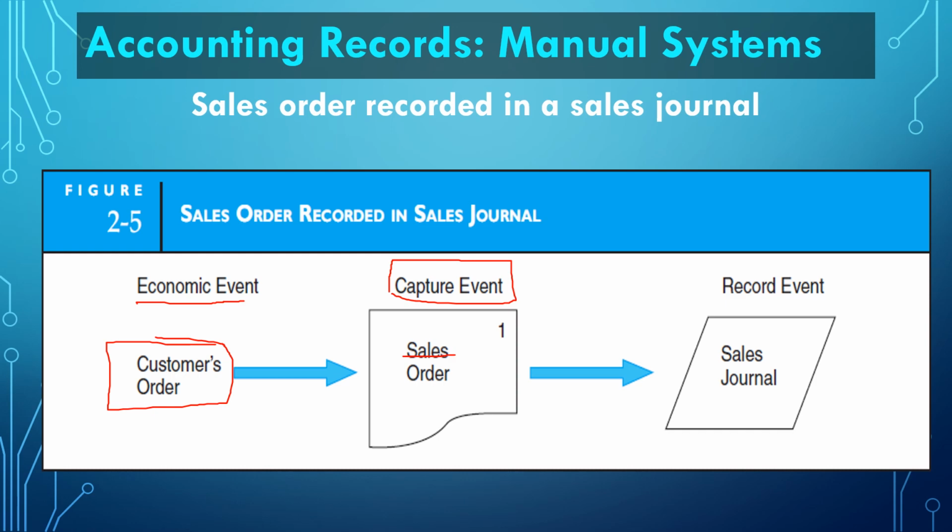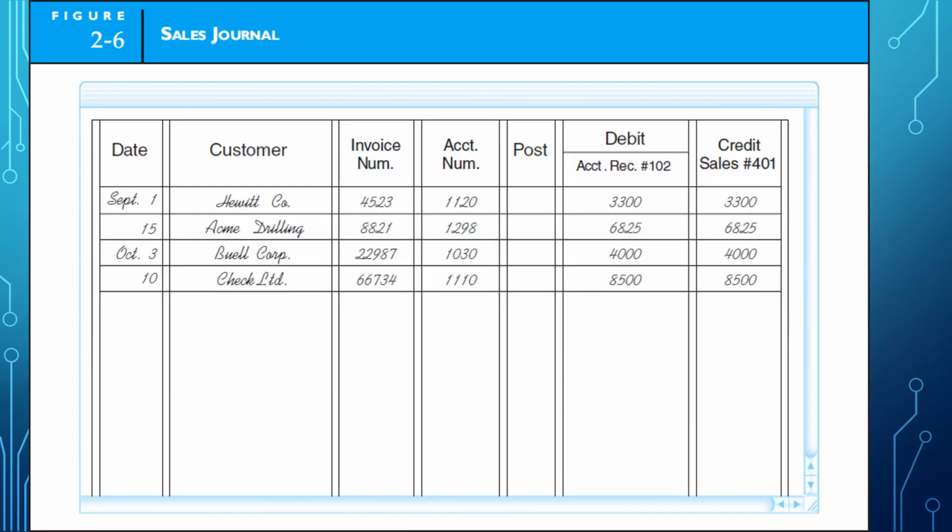Based on the sales order, we record the event in the sales journal. This figure illustrates the sales journal. I will not go through the details because it is just a recall of how the sales journal looks.